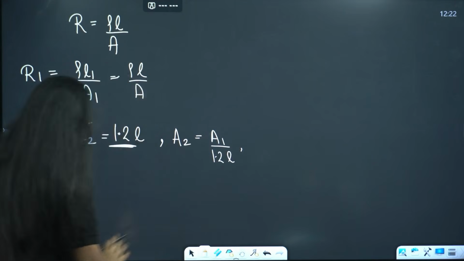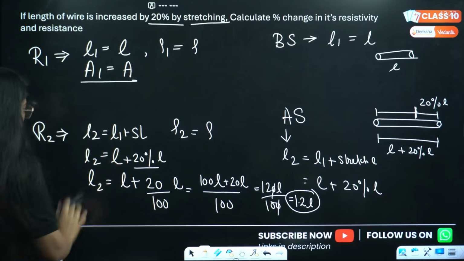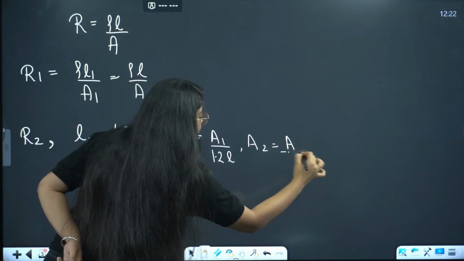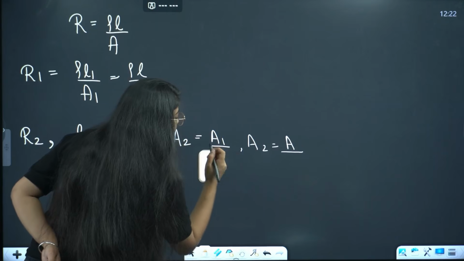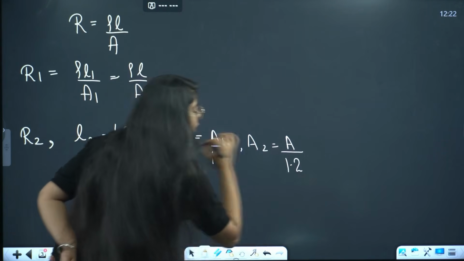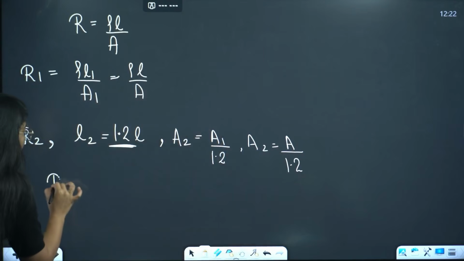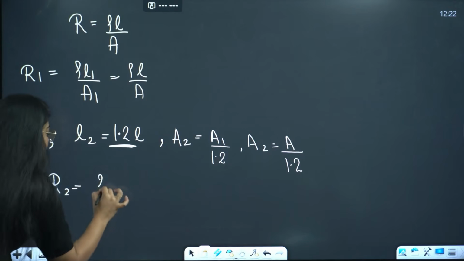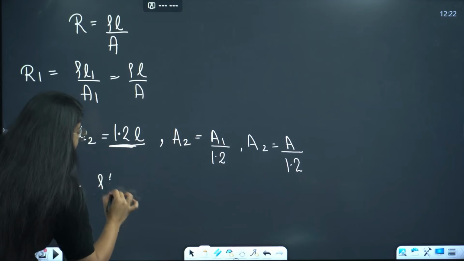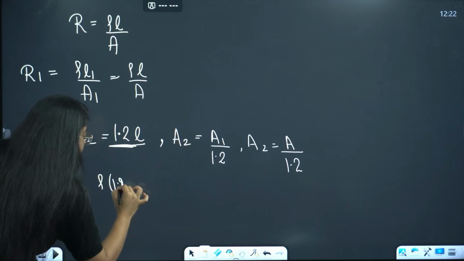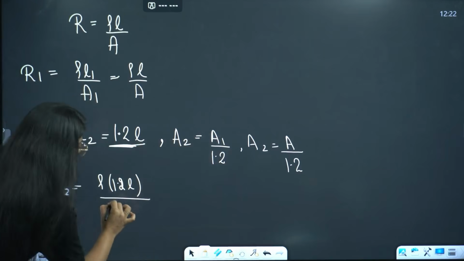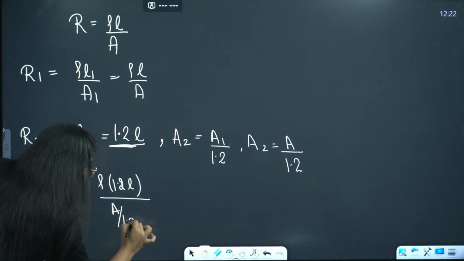A1 we knew, it is simply A. So I can write A2 as A divided by, no, not 1.2L, only 1.2, right? This is 1.2, right? So R2 becomes what? R2 becomes rho, because resistivity is same. Rho L is 1.2 into L, right? Divided by A2. A2 is A divided by 1.2, right?